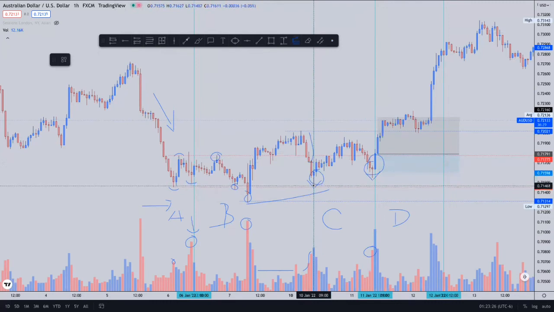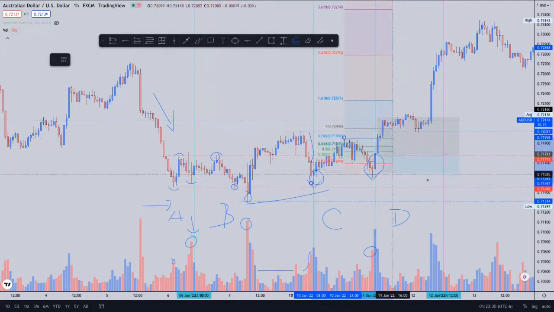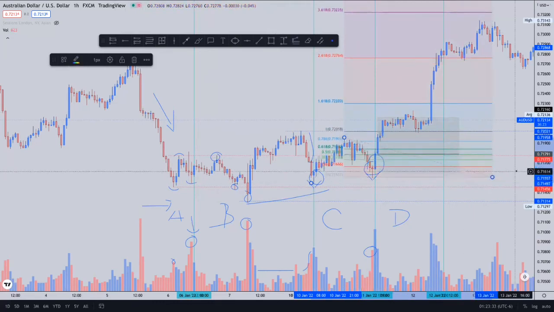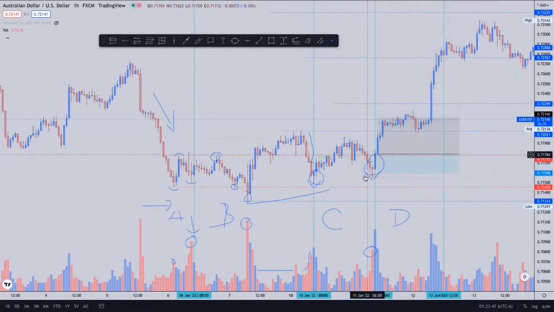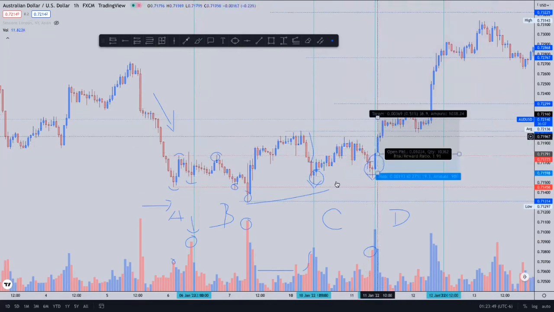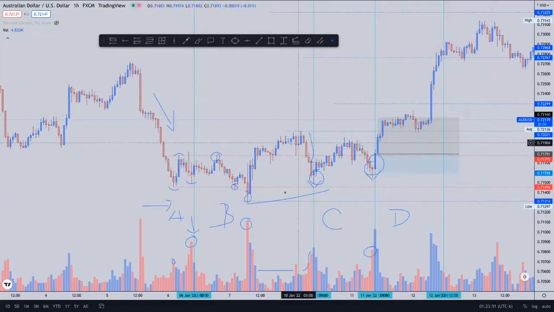So we will go from the low of phase C, I think it's right here, to the high in the first LPS. And now we have our targets, target 1, target 2, target 3, so on and so forth, right? So those targets are the effects of this consolidation, right?